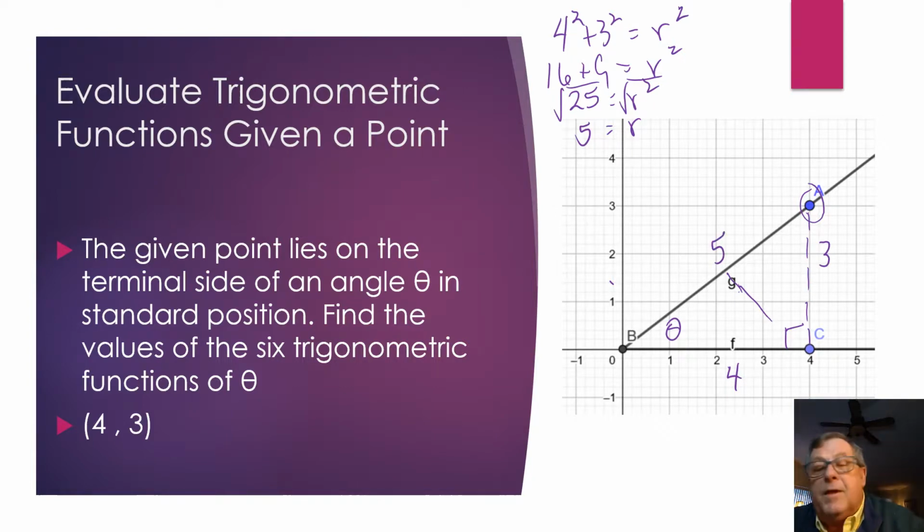Now, we can think about our trig functions. Well, what's sine? Sine is the opposite side of theta over the hypotenuse, and the hypotenuse in this case is the radius, and the opposite side of theta is the distance going up the y-axis, or it equals the y-coordinate.